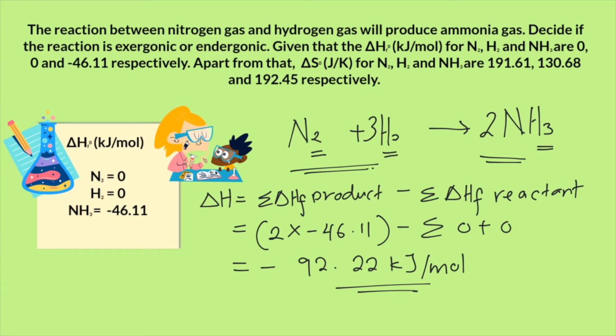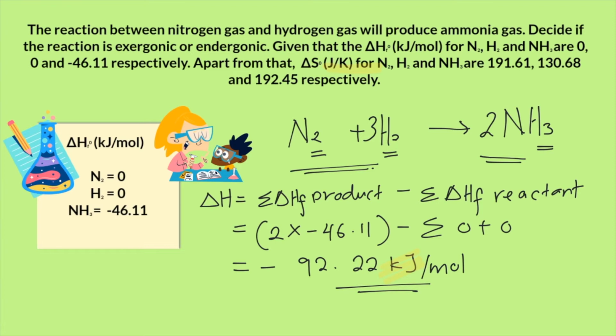Alright, so now what you need to do is look at the unit for the other information being given to you. Here, you can see that in your delta S, the unit is in joule instead of kilojoule. Since you already calculated in kilojoule, you need to convert this into joule.